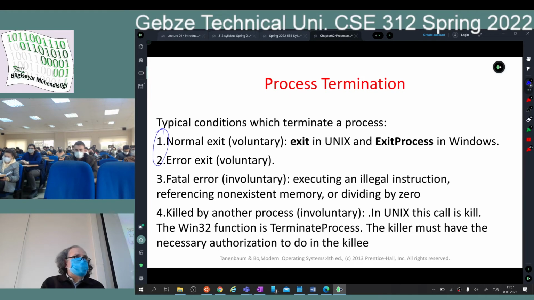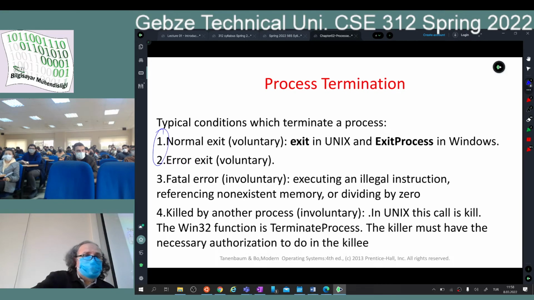You try to execute an illegal instruction, and the CPU realizes that you are in user mode and trying to execute a privileged instruction. Immediately it will cause an interrupt, and the interrupt will be handled by the operating system. That's how the operating system knows that you are doing something bad. Without the help of the hardware, the operating system wouldn't know about it.